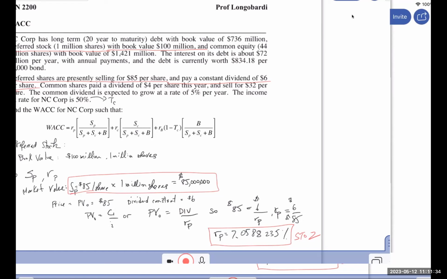And then finally the debt. So I'm going to store the denominator, which is SP plus SC plus B, and I'm going to store that in 0, because I have to use it again and again. And then in 6, I'm going to store the debt.